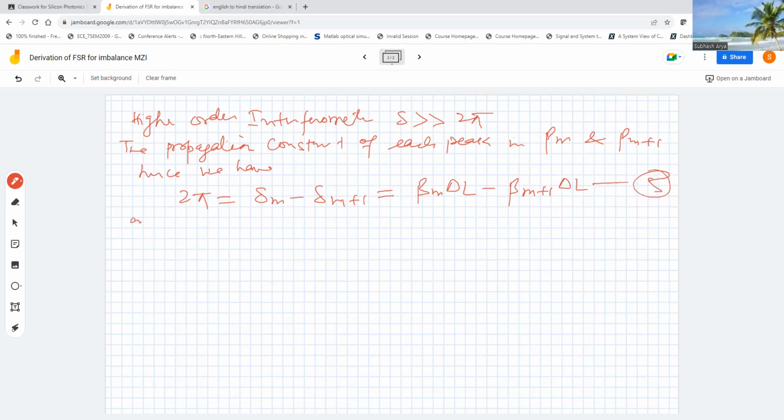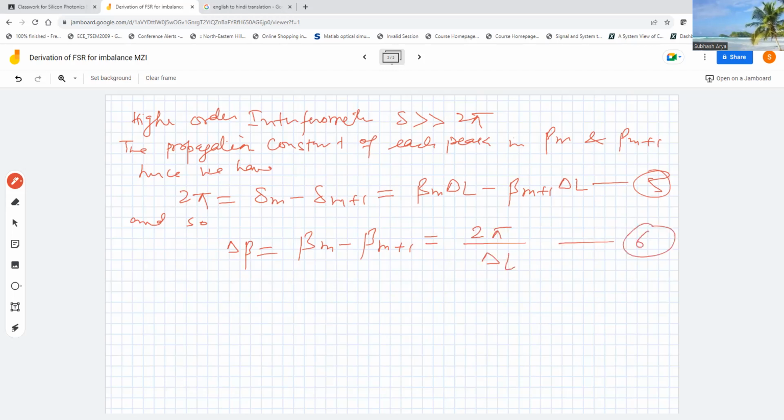And from here, delta beta, which is the difference between these two, beta m minus beta m plus 1, is equal to 2 pi by delta L. So this we have to remember.